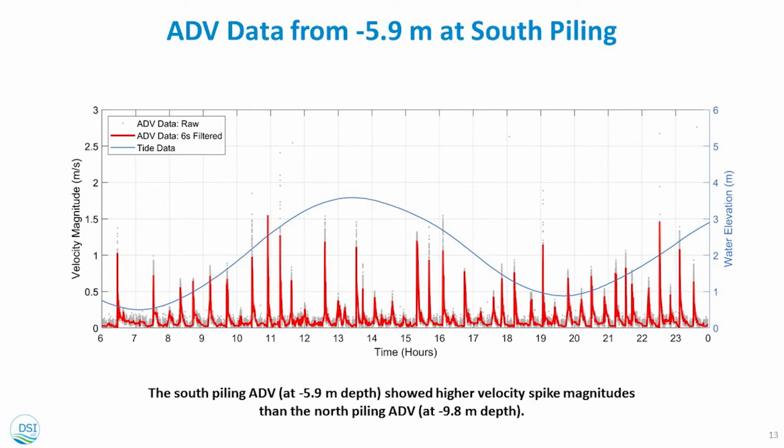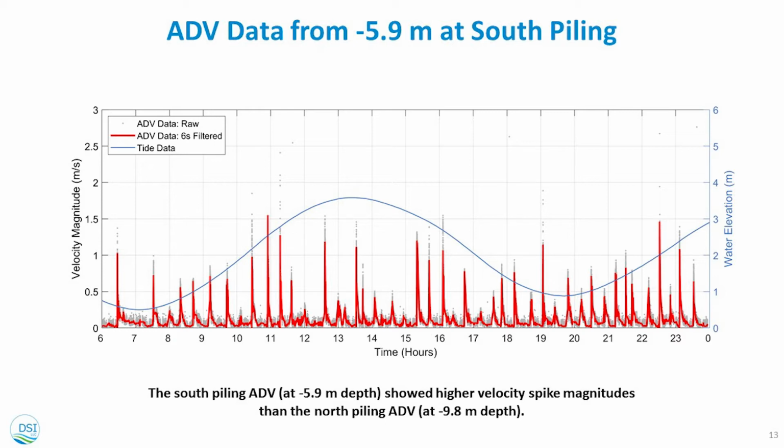This figure shows the ADV data from the south piling, which was measured at a shallower depth than the north piling. Data here is at minus 5.9 meters. You see 2 obvious differences from the previous slide. One is that the magnitude of the velocity of the jet is higher than it was in the north piling.